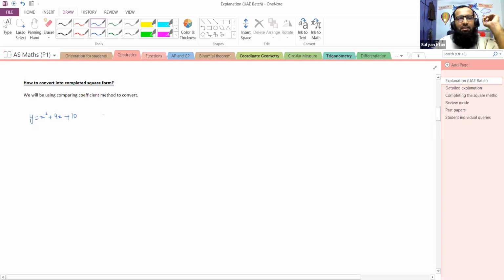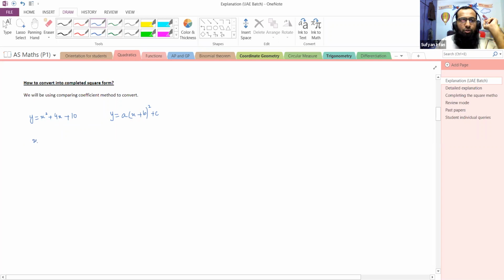Examiner says convert x square plus 4x plus 10 into the form a(x plus b) whole square plus c. We have to convert this into another form. x square plus 4x plus 10 is equal to a(x plus b) whole square plus c, right?